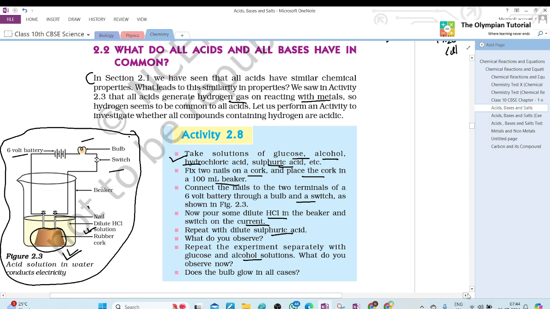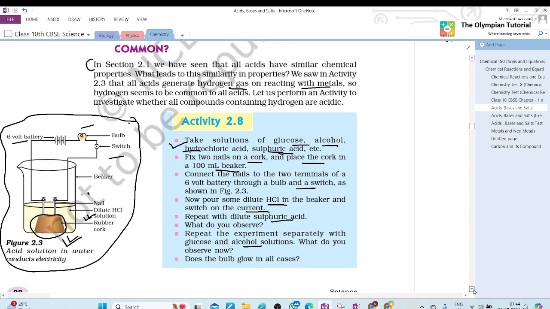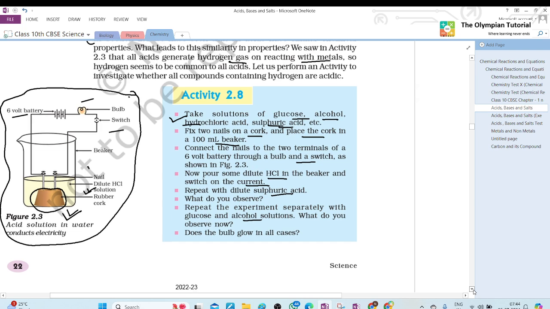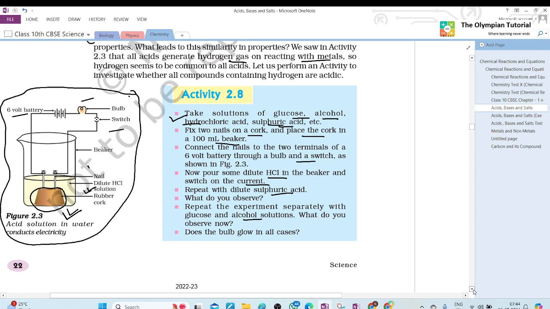So what do you observe? Will the bulb glow? Can you hear me, students? If we are doing this activity with HCl, will the bulb glow? Yes, the bulb will glow because acid will give ions.